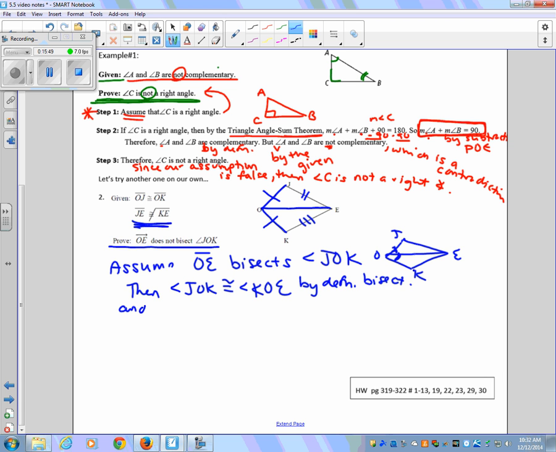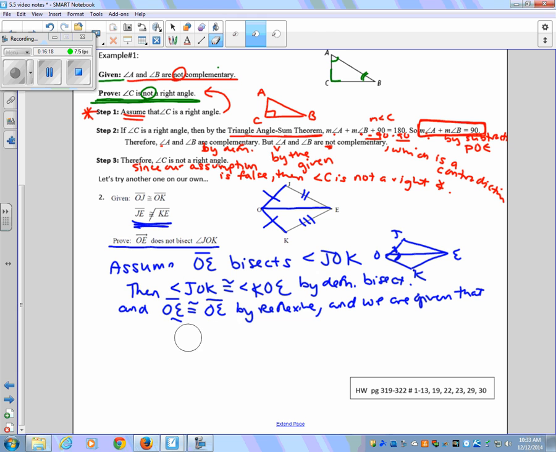And OE is congruent to OE by reflexive. And we are given that JO is congruent to KO. Or OJ, they say OJ to OK. OJ congruent to OK. That's a given.